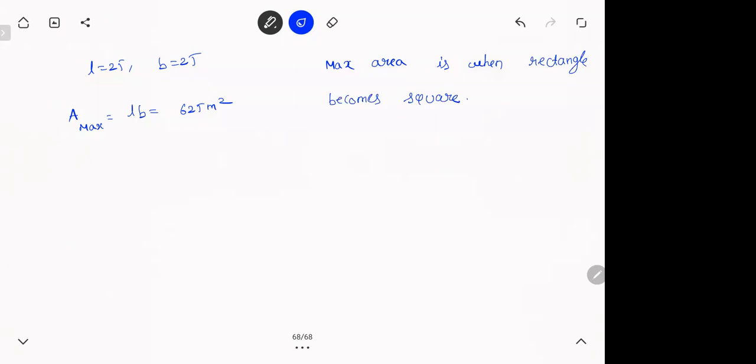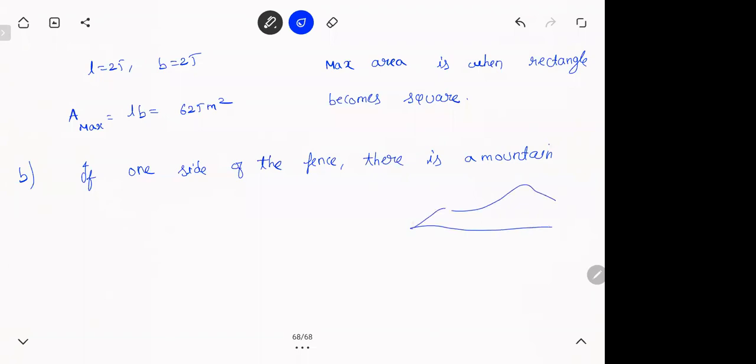Now, same question, I'll give another variation. If one side of the fence is a mountain, same data, there is a mountain. You have a fence and there is a mountain here.